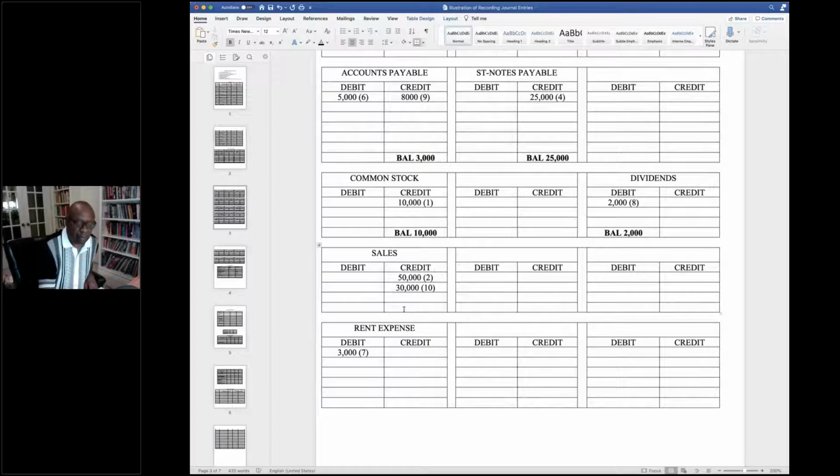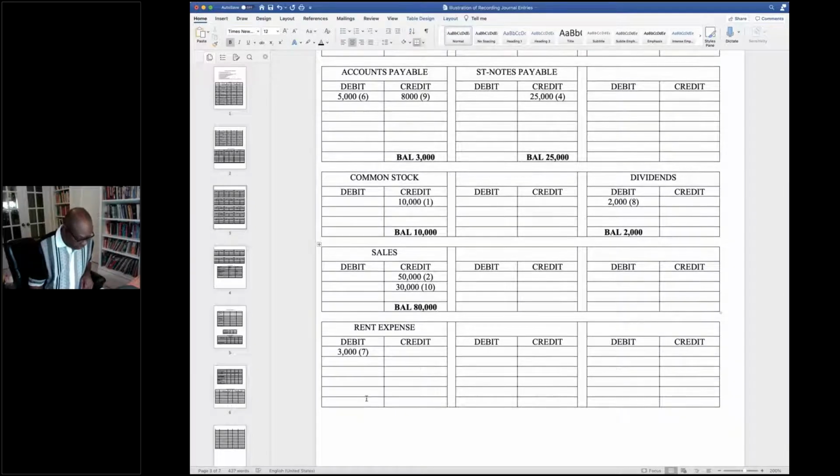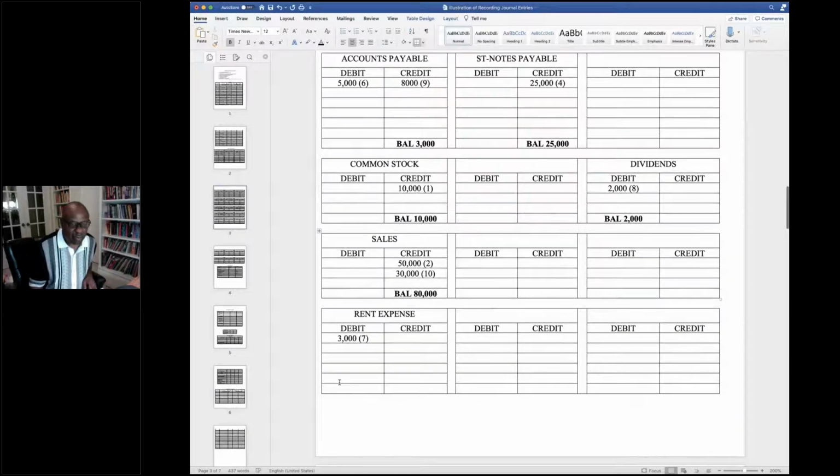So the balance in sales, and finally for rent expense, since we only had one transaction, the balance is going to be $3,000.